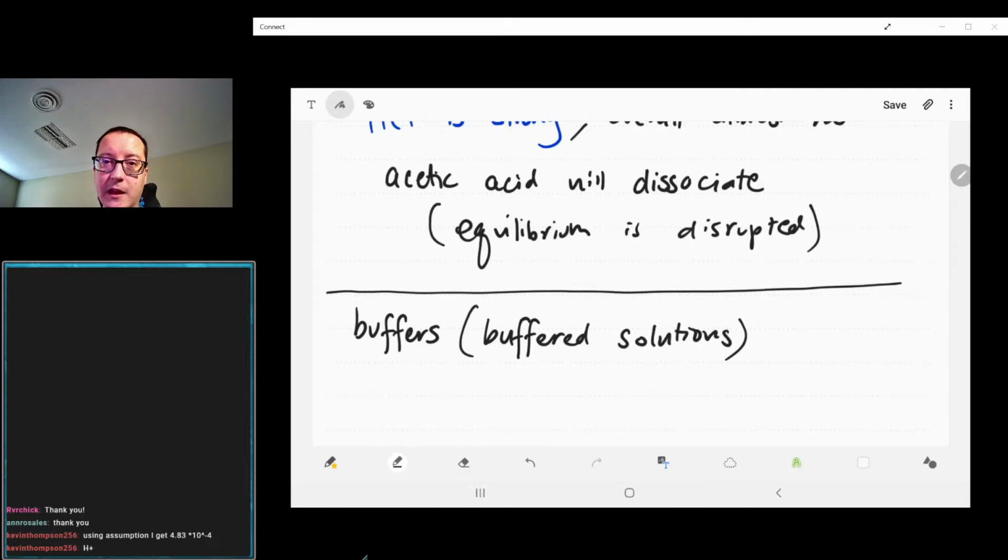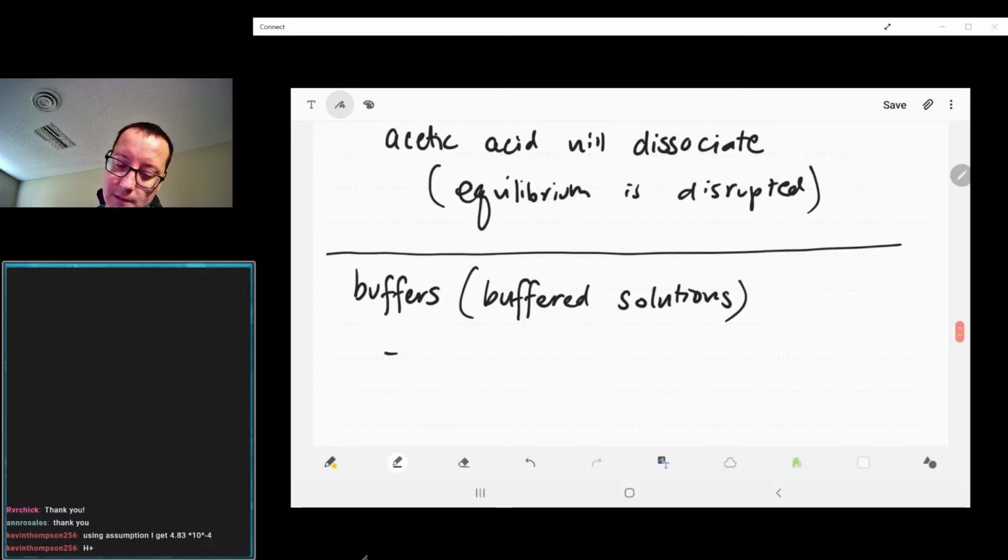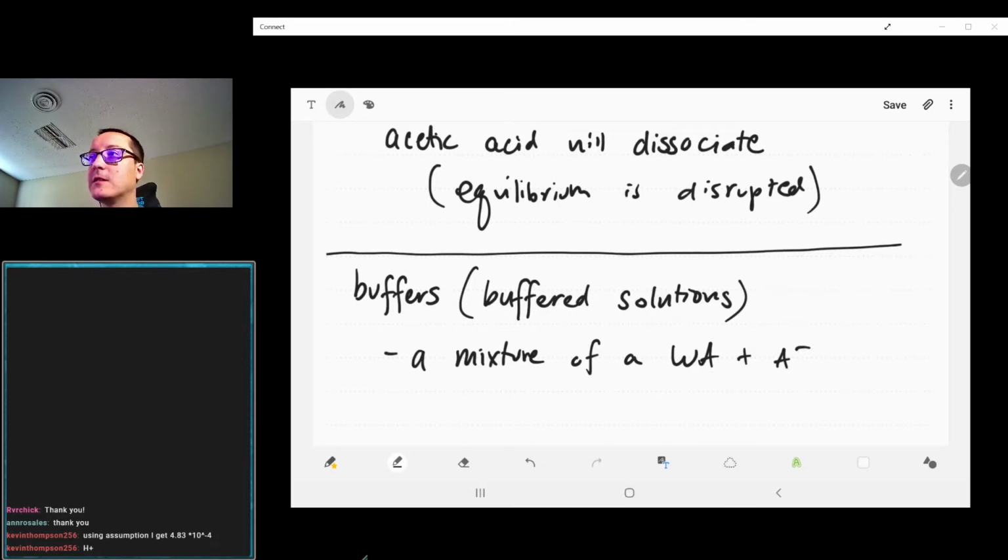We'll start with our definition here. A buffer is a mixture of a weak acid plus its conjugate base. So it's a mixture of a weak acid and a conjugate base.